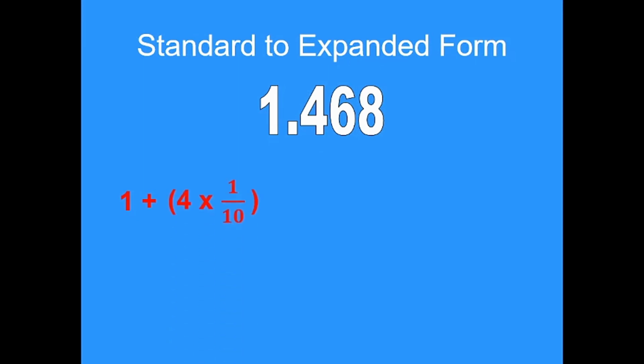So 4 times 1 over 10 plus 6 under hundredths place. 6 times 1 over 100 plus our last decimal, 8 under thousandths place. 8 times 1 over 1000. And this is your expanded form.